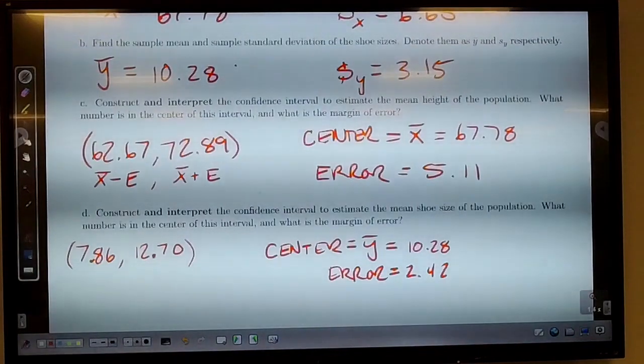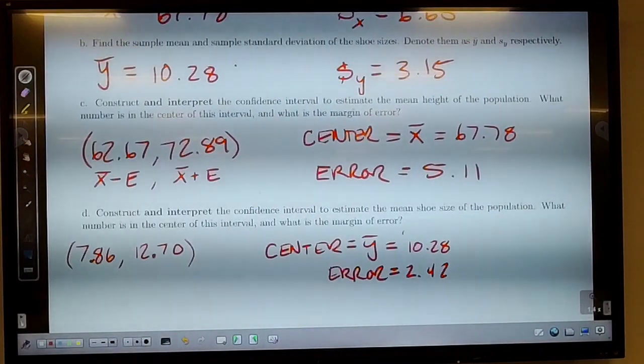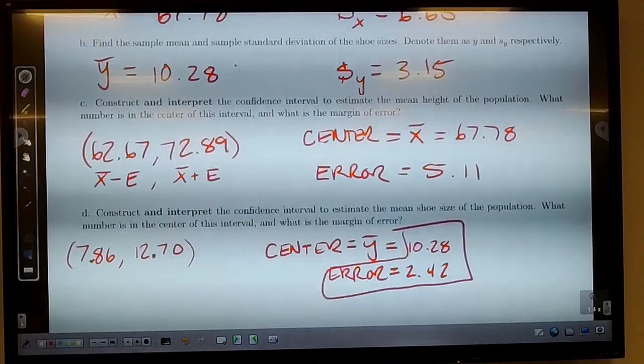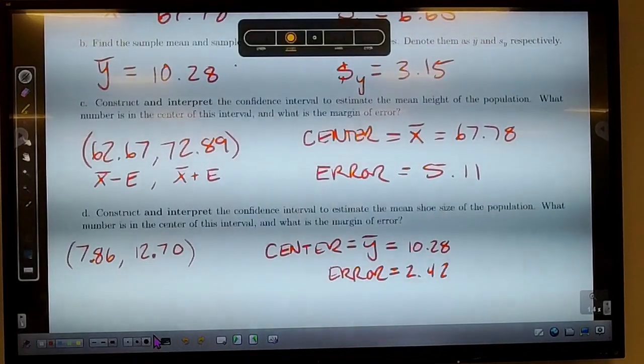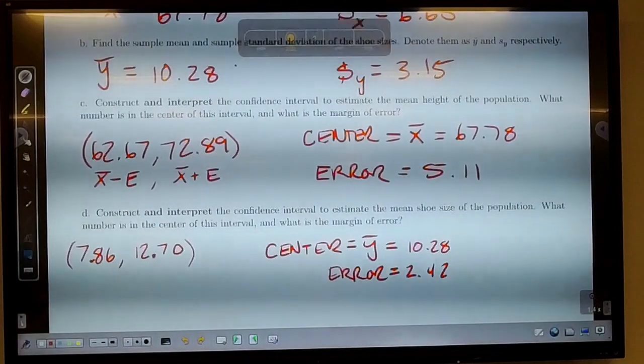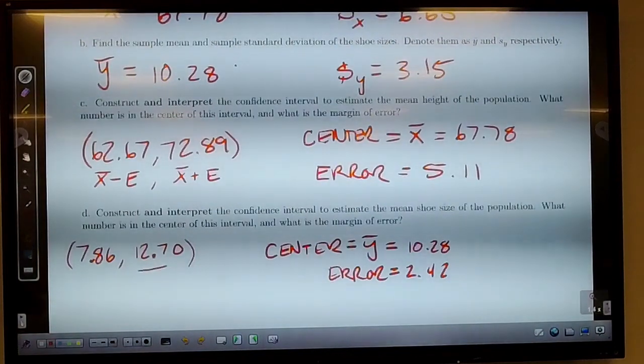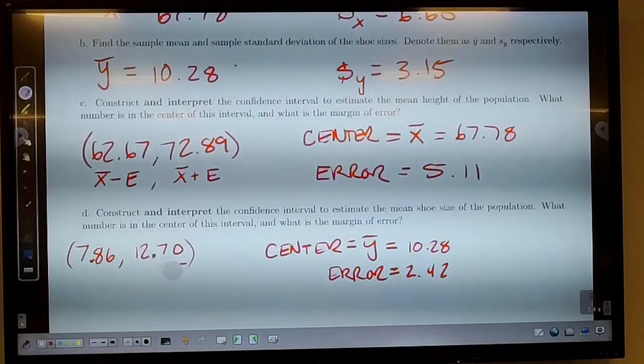And we're saying that 95% of all the shoe sizes should fall in this range. But the last time I bought shoes, they didn't have size 12.7.